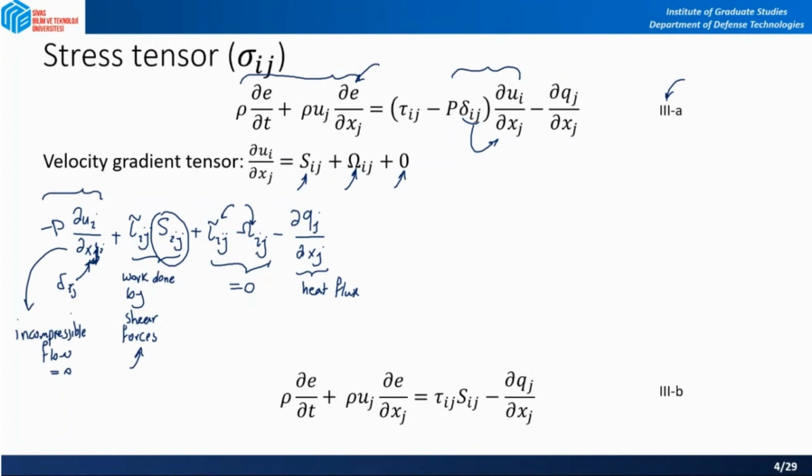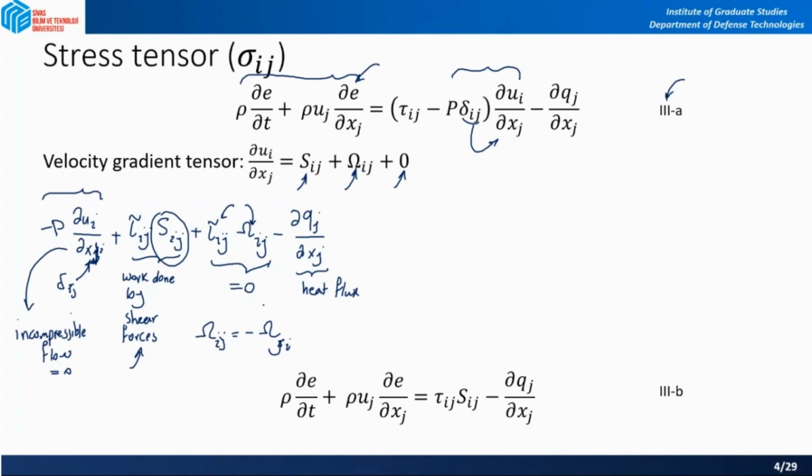It will be zero, and as your exercise, show it. As a hint, you have to use the property of an anti-symmetric tensor. So for an anti-symmetric tensor like omega ij, one property is that it is equal to minus omega ji.